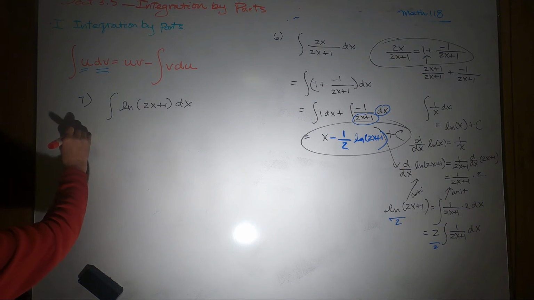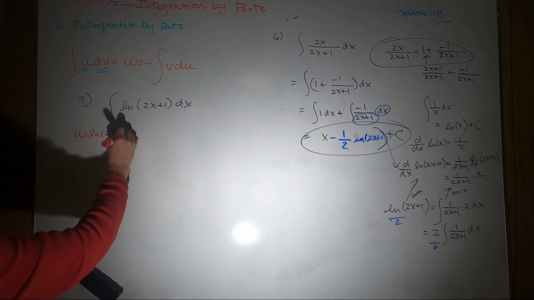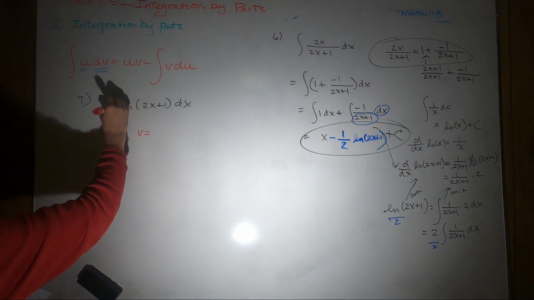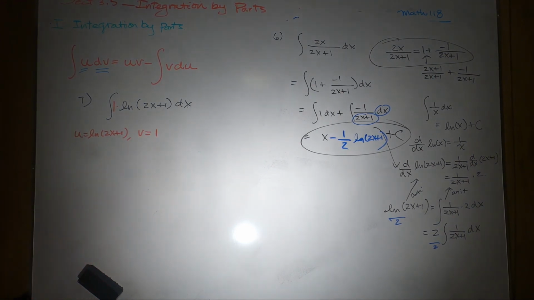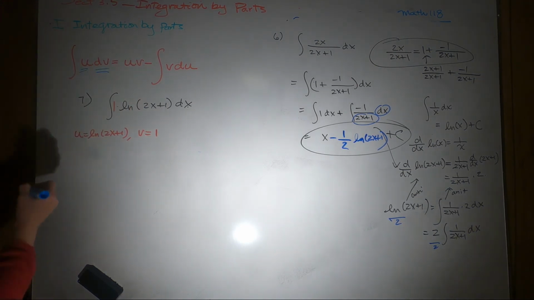So your u will be what? The log one. Right? Then your v will be what? The invisible 1.